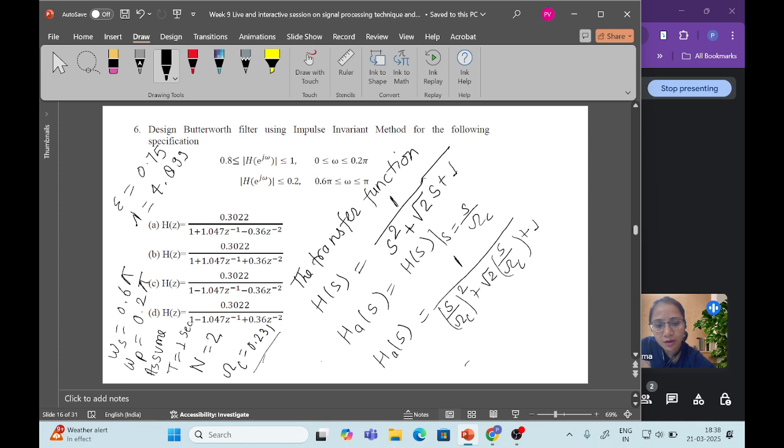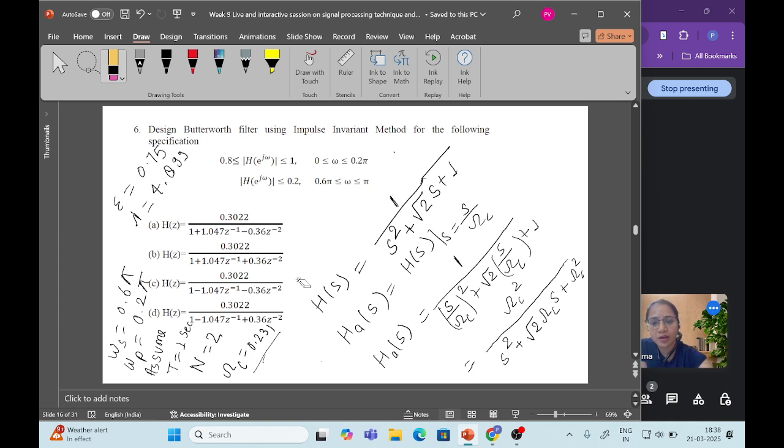Now further we will solve it. We will get omega c square divided by s square plus root 2 omega c s plus omega c square. Now put the value of omega c in this equation.